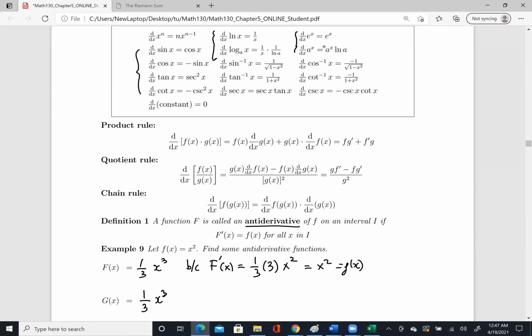But I don't want to make g of x the same as F of x, so I'm going to add something, maybe 2. Then when you take the derivative, the derivative of 2 is going to be 0, so you still get f of x. So the derivative of g of x will be 1/3 of 3x squared plus 0, which equals x squared, which is again f of x.